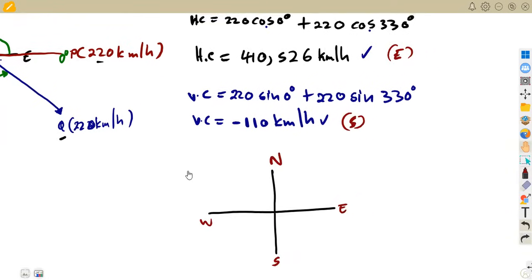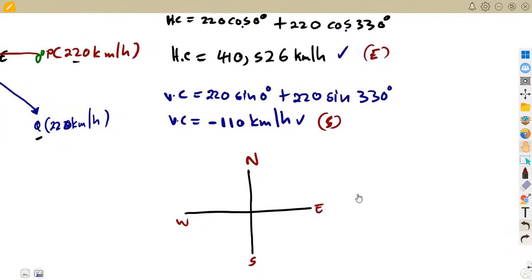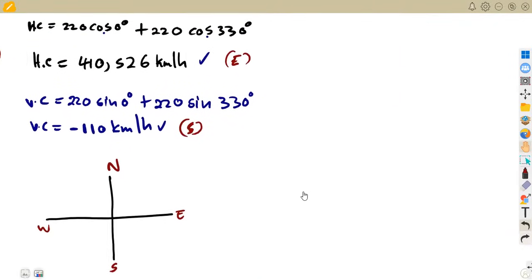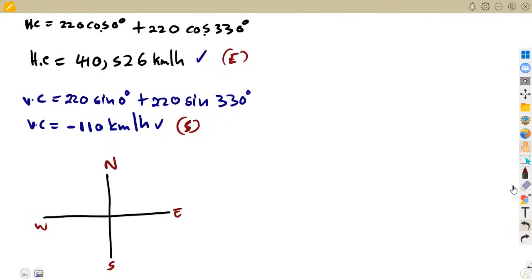No, we are going to have this diagram from the components, from the horizontal and the vertical components. So we have horizontal being positive, which is to the east, vertical negative to the south. So our triangle is just going to be the same as the one that we got in the previous question. We are going to have our triangle in this quadrant where we have our theta, or we talk of alpha. So that is the concept.